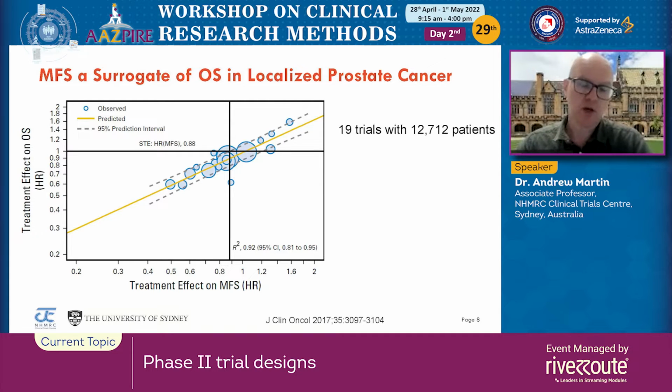On the horizontal axis, we've got a measure of the effective treatment that was being evaluated in each of the 19 trials, a measure of the effective treatment on metastasis-free survival, and that measure is a hazard ratio. So a smaller hazard ratio is indicative of a more favourable treatment effect.